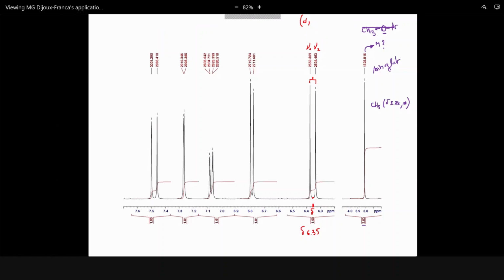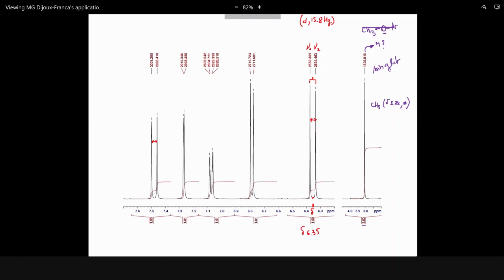Okay, so I calculate it's 15.8 hertz. So I remember I told you if a proton has a multiplicity, that means it has an interaction with another proton, and I should find in the spectrum another signal with the same coupling constant. If I check here, it's not here, it's not here, but I have something quite the same here.